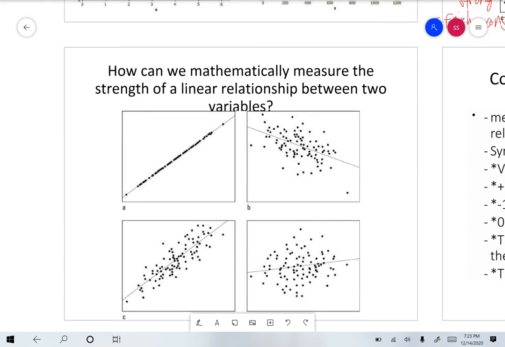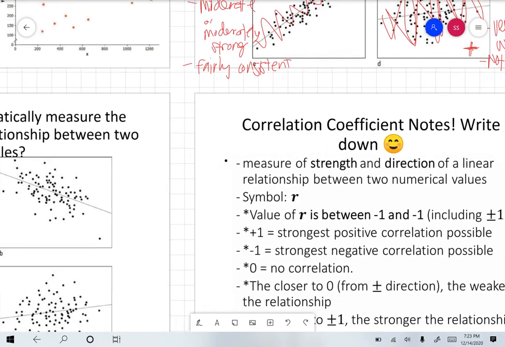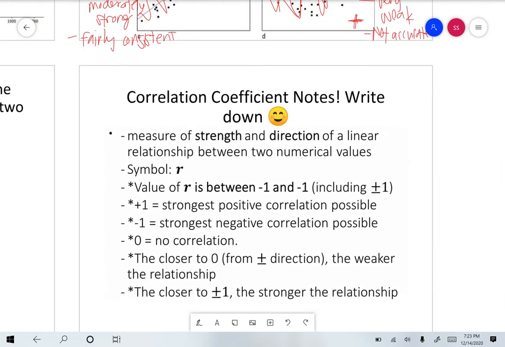The question though is, how could we mathematically measure the strength? So how weak or strong a linear relationship is between two variables. How do you think we could measure that mathematically? Well, this is a lot of notes, and I would definitely write all this down. Okay, please, please, please write it down. Measuring the strength and the direction of a linear relationship between two numerical values.